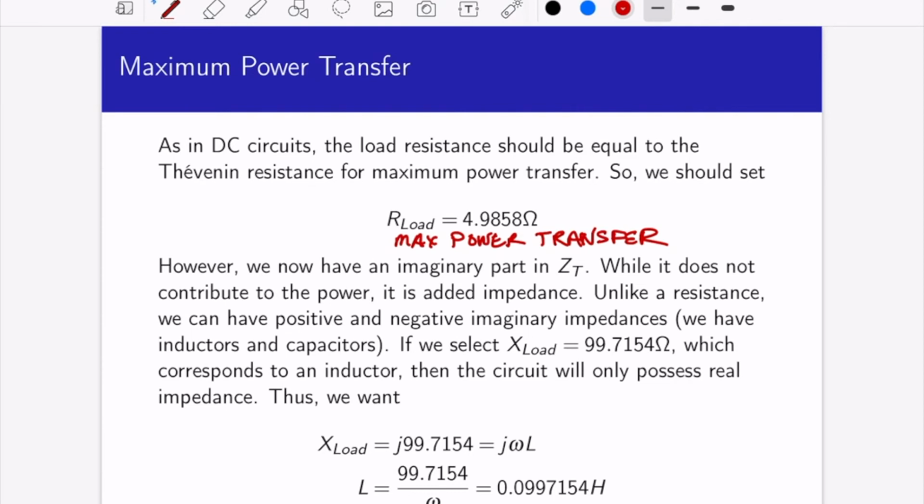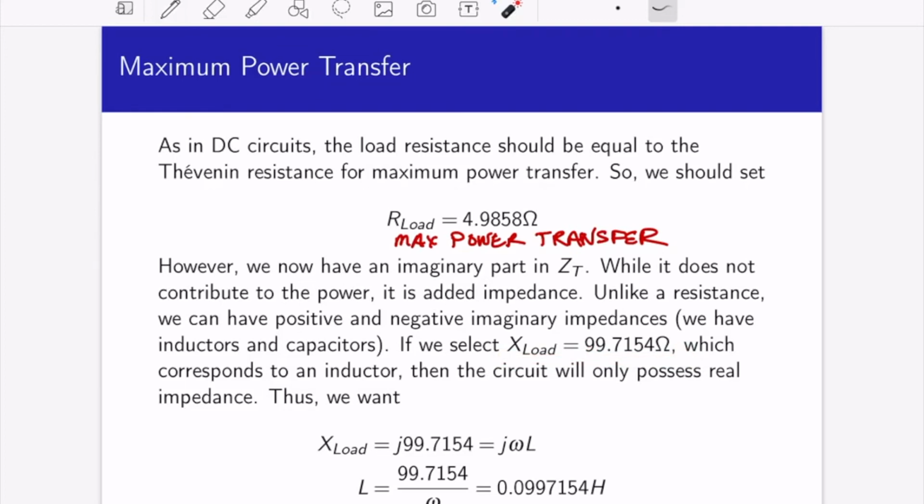So if we go back to our value, we had 4.9858 minus J 99.7154. So what we want to do is choose for our load a positive value here, so that it goes away. So when we add the two together, we will end up with just a resistive part.